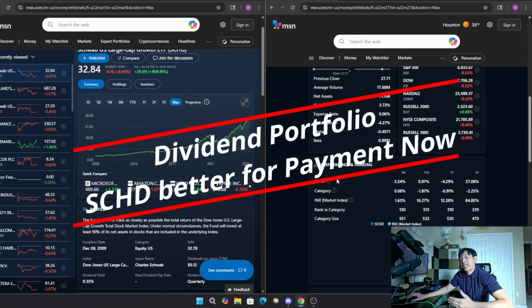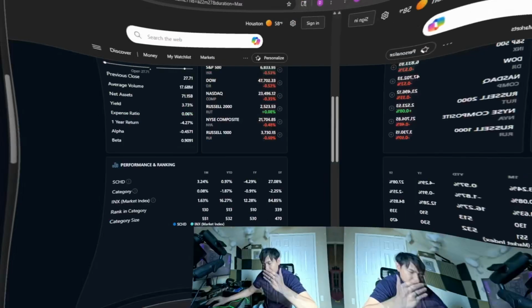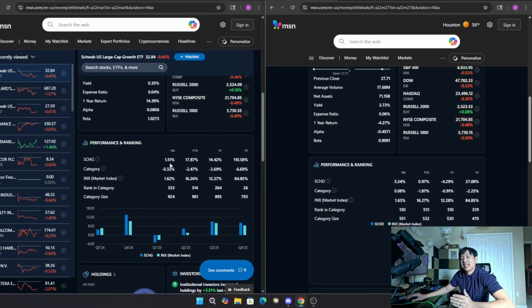Now that you know that, hey, let's look at the performance and the ranking. I'm doing all this in MSN, and this is the final thing I look at. It tells you here, and you can compare it. An easy way to do it. 1 year, it has 1.5% compared to 3.27%.